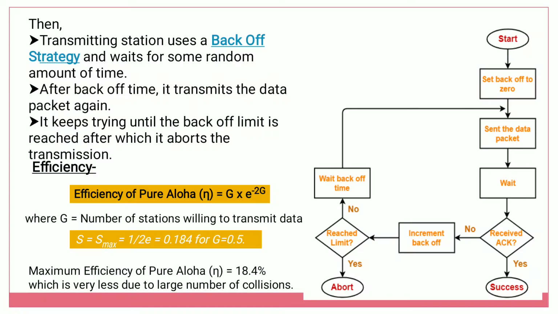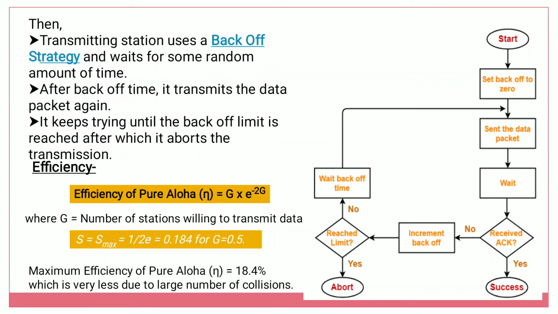Next, we increment the backoff limit, and we check the condition whether it reached the limit. So what is the limit here? We will set the timer. If the timer times out, then it will abort, meaning the data is retransmitted, or we will wait the backoff time. So it will check whether the timer has timed out or not.